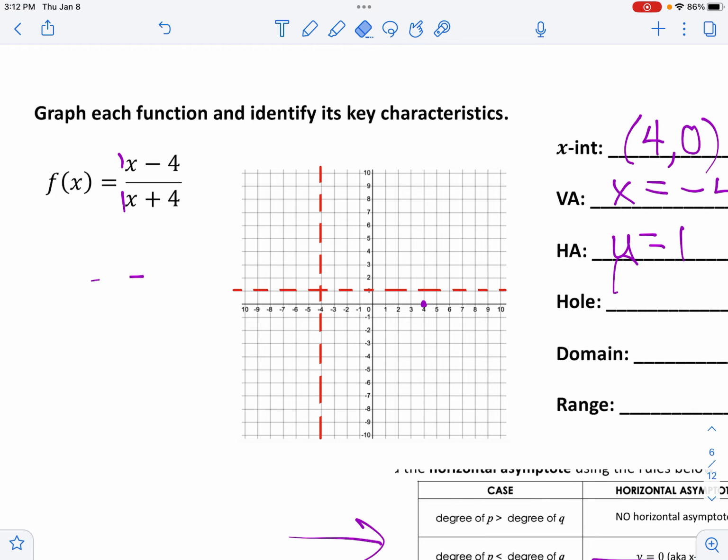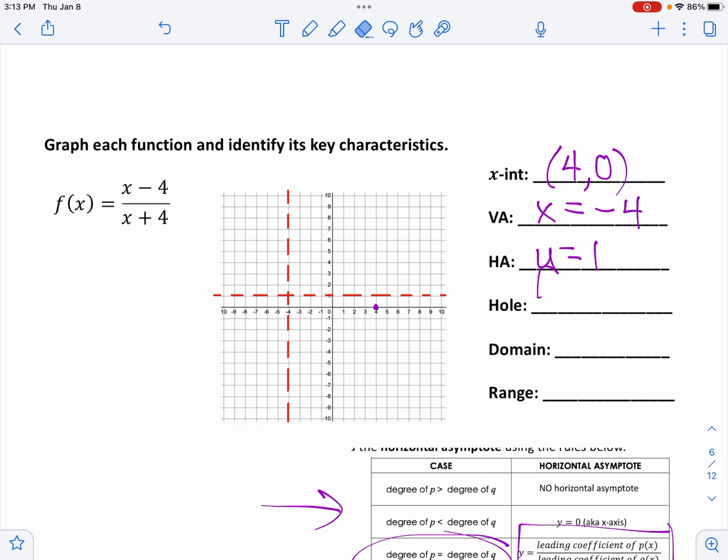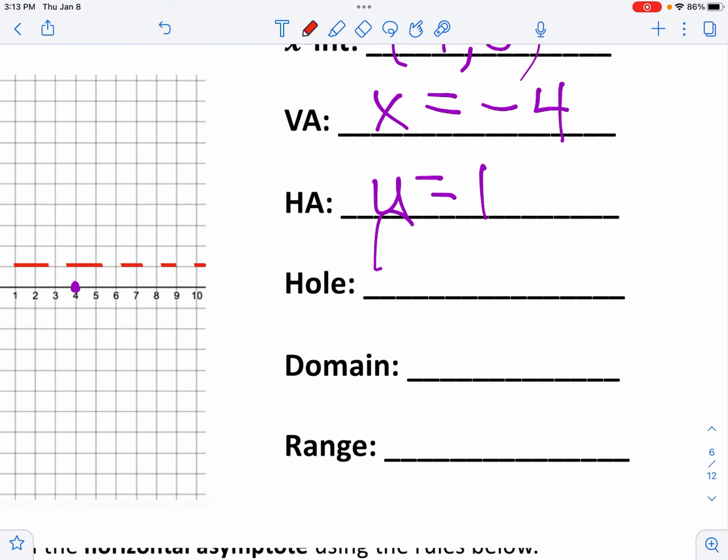Now, do I have a hole in this one? I don't have any common factors that were canceled out in here. If you have some common factors that you end up canceling out, then you would have a hole. In this case, I don't. So here I'm just going to write none.